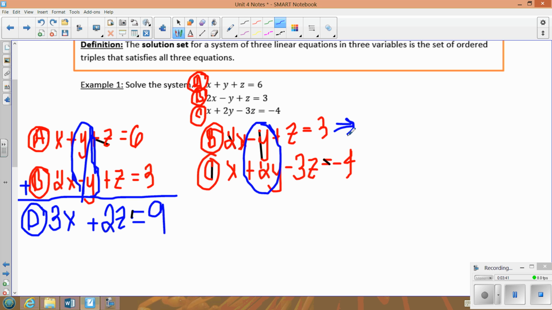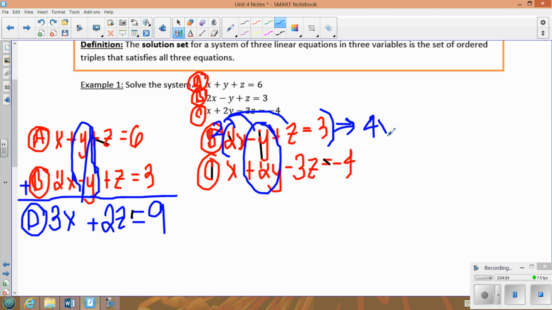So I'm going to have to change this top equation. If I multiply everything in the top equation by 2, that will allow my negative y to become negative 2y and add to positive 2y, and I'll cancel.